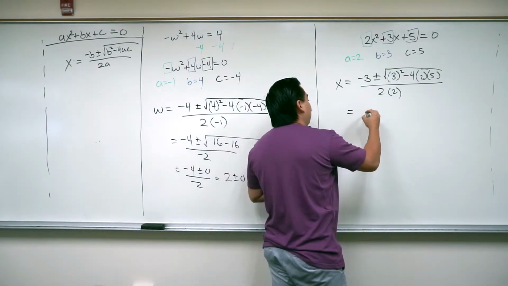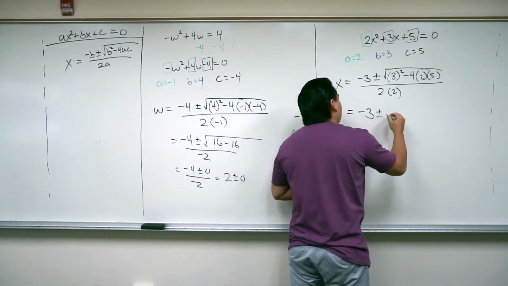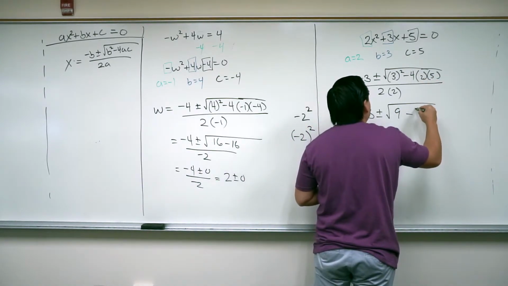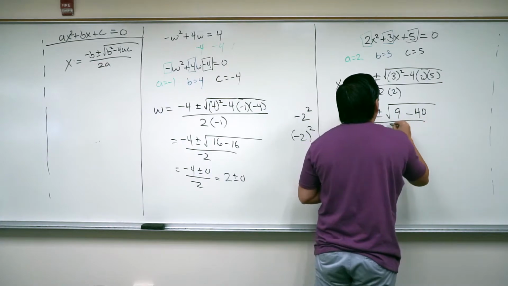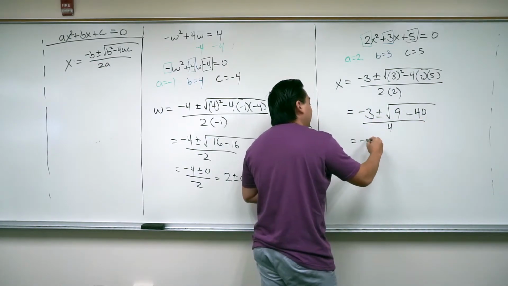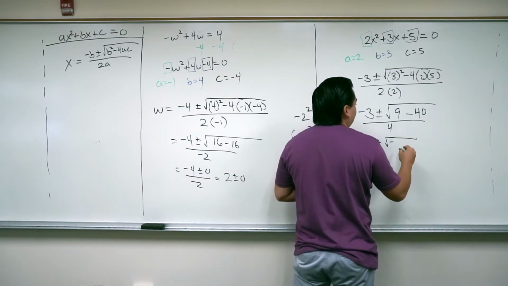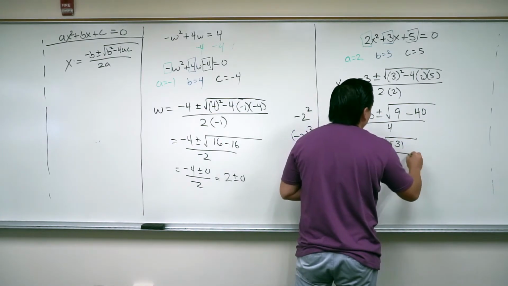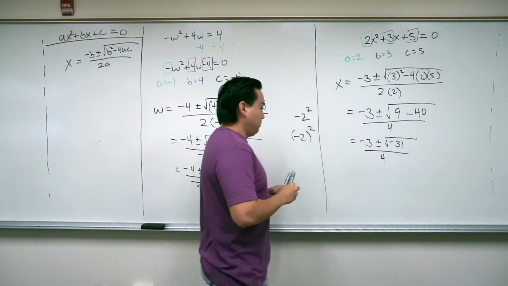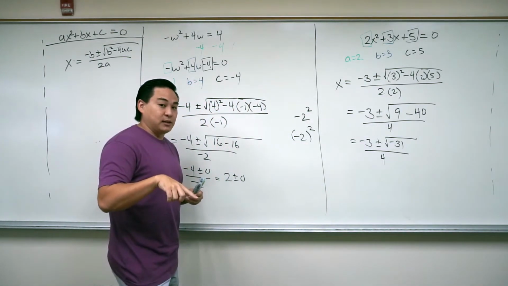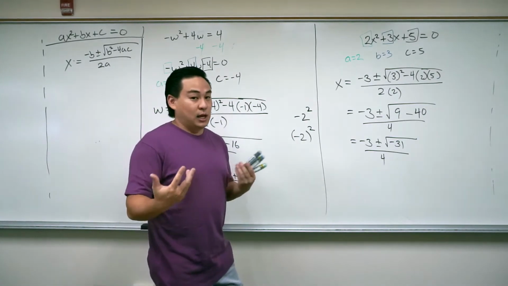So go ahead and do the arithmetic. 9 minus 10 times 4 is going to be 40, divided by 4. So negative 3 plus or minus the square root of negative 31 over 4. So remember, when we have that negative 1 on the inside of the square root, that gives us an i value.